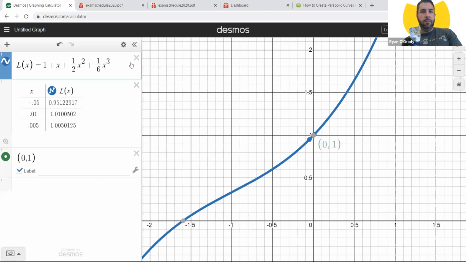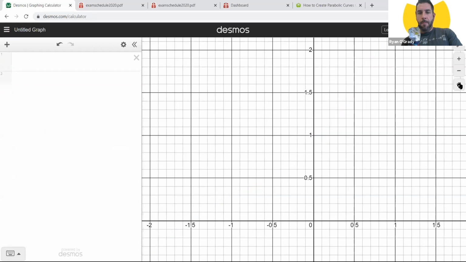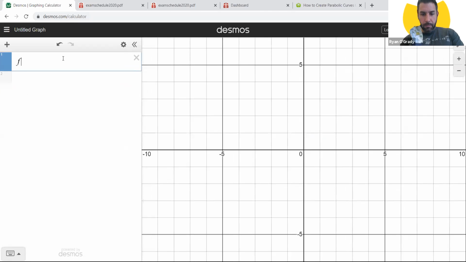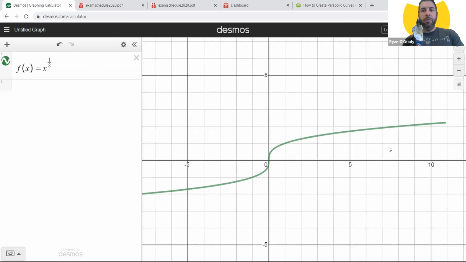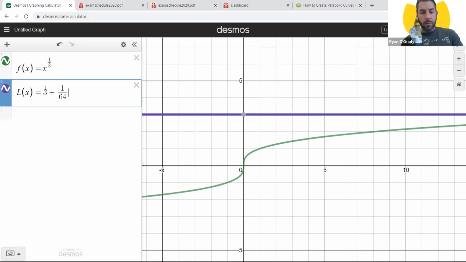And by the way, if you look at the graph, it's worth doing this. If I go and graph these creatures, f of x equals the cubed root, which I'll write as x to the 1/3, there's the cube root. It already looks pretty straight over here. And that's not going to shock us when we put L of x, which was 3 plus 1 divided by 64x.